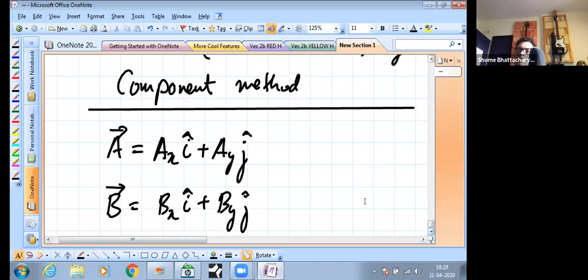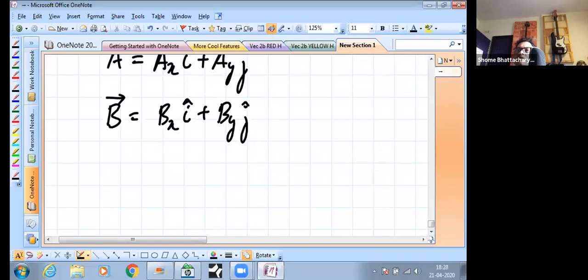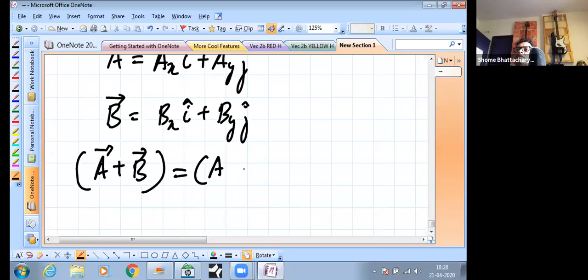So the vector a plus b, now you do that same operation, the addition on the right hand side, and you can see i cap you can take common, so it becomes ax plus bx into i cap, and similarly you can take j cap common, so it becomes ay plus by into j cap.